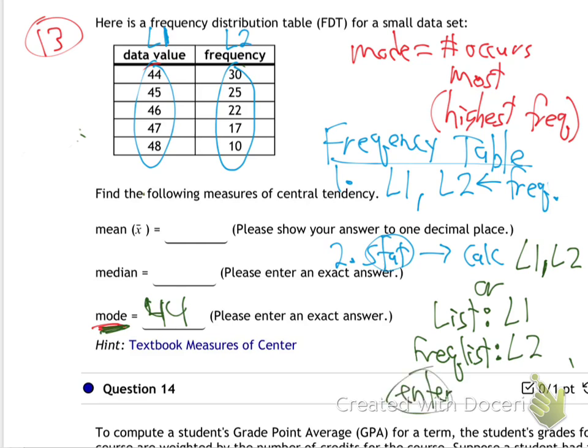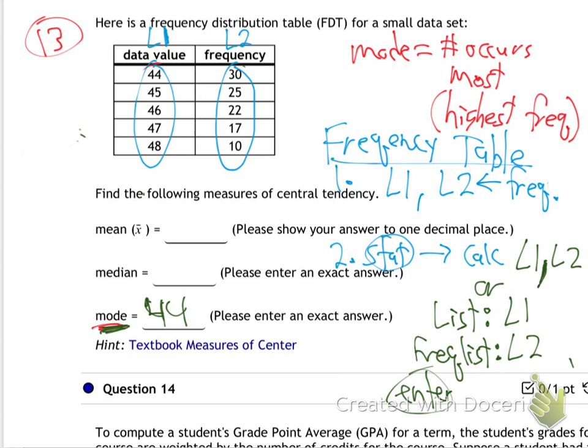If you have the newer kind that asks you for list and frequency list, which a lot of you have, it's L1 and L2 on separate lines, and then hit Enter. If you have the old kind of TI like mine, it's L1, L2 on the same line.